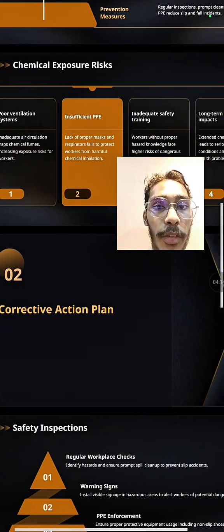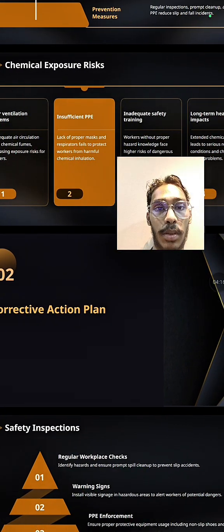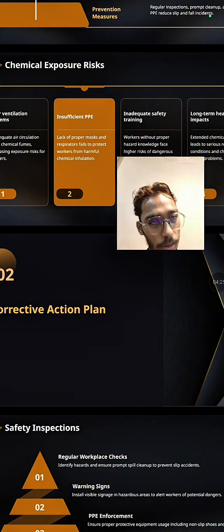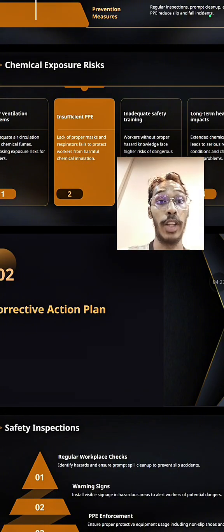Second one is insufficient PPE. Lack of proper mask and gloves and proper equipment, meaning they will not be safe from the dangers of their work.